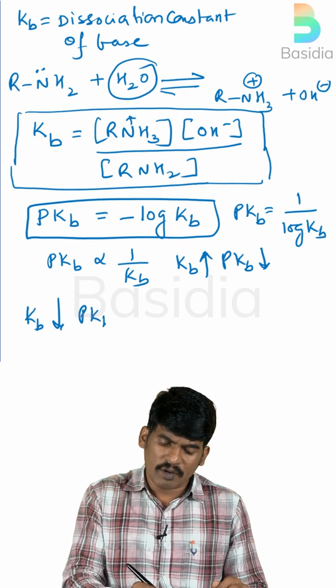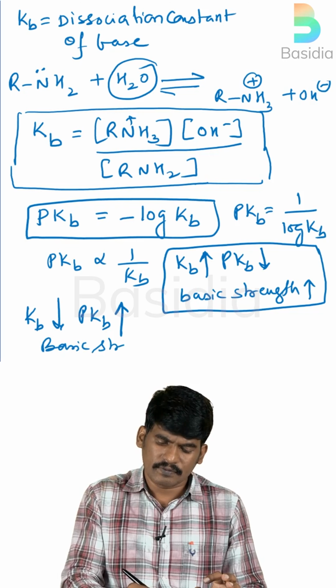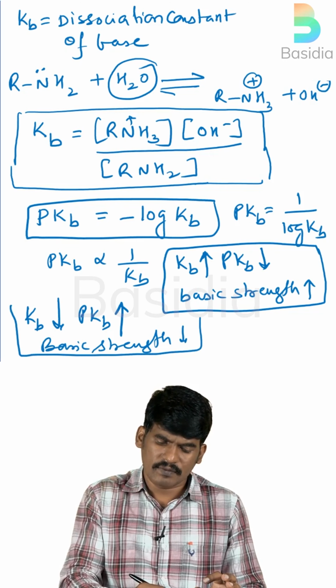But Kb is directly proportional to basic strength. If the Kb value increases, basic strength increases, and if the Kb value decreases, basic strength decreases. So if Kb is more, basic strength is more.